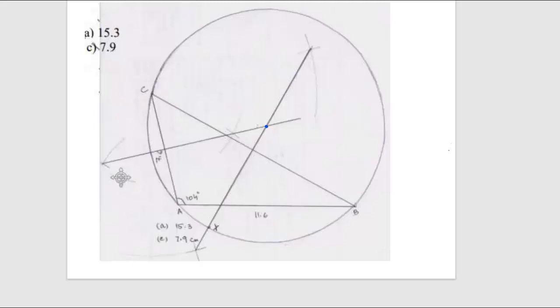So if we draw another angle subtended by the same chord BC at this point, this angle will also be 104. So wherever this point will move on this arc of the circle, the angle will remain 104. According to the circular property, the property is called angle in the same segment.